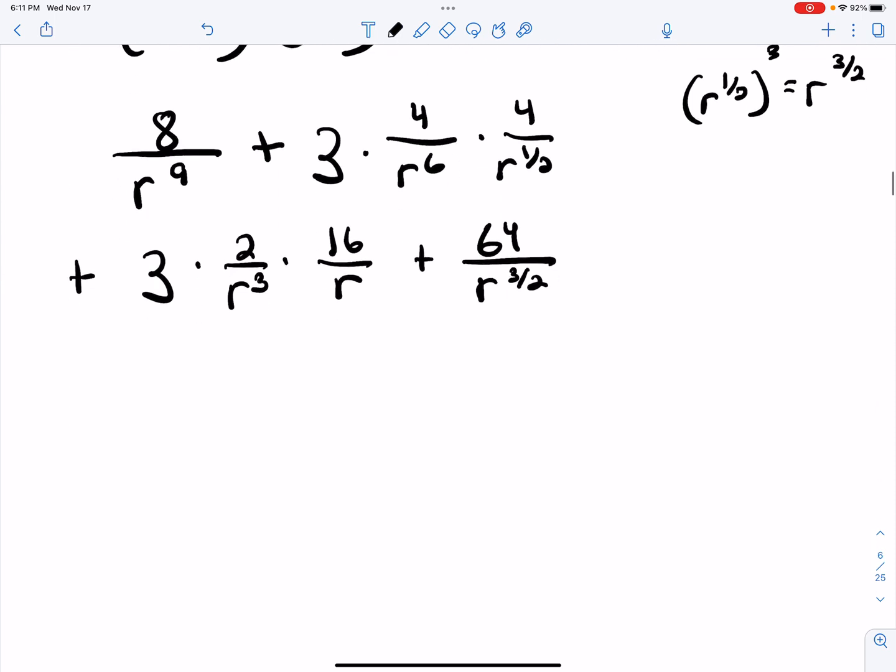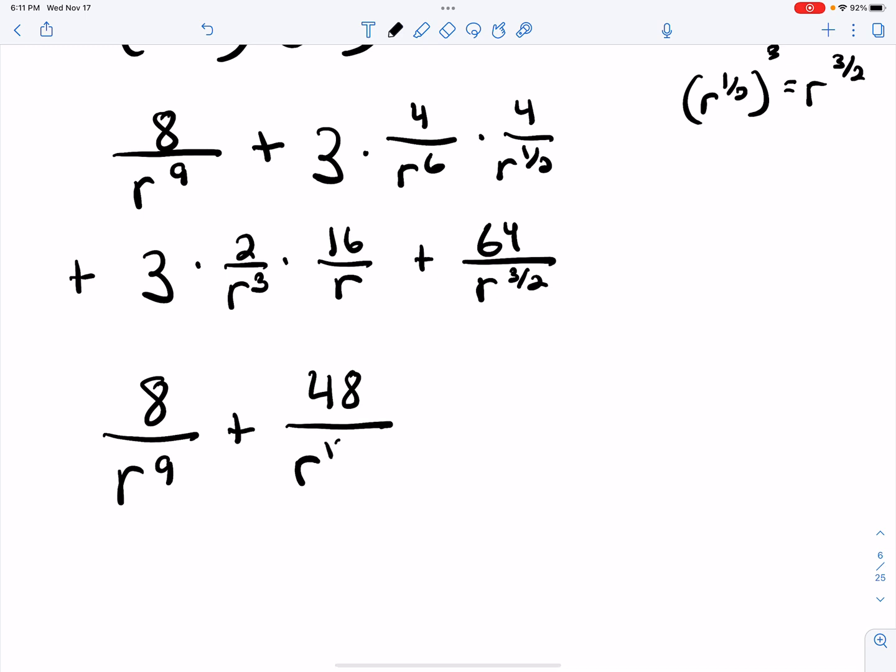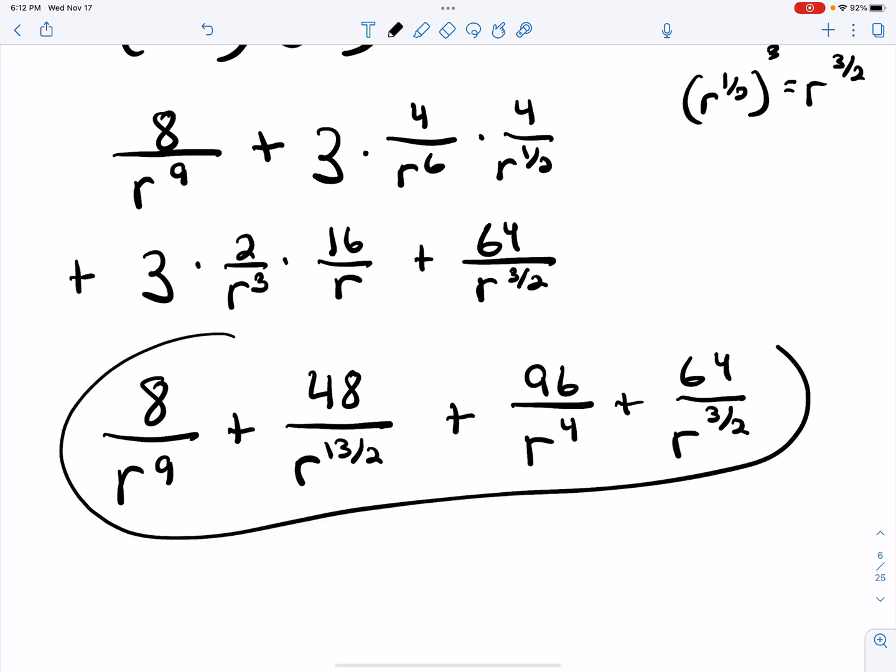All right, a little more cleaning up. 8 over r to the 9th plus 3 times 4 times 4 is 48 over r to the 6 times r to the 1/2. r to the 6.5, you don't really say 6.5, instead you say 13 halves. Plus 3 times 2 is 6 times 16 is 96 over r cubed times r is r to the 4th. Then plus 64 over r to the 3 halves. Ooh, that was a lot, wasn't it? But there you go.